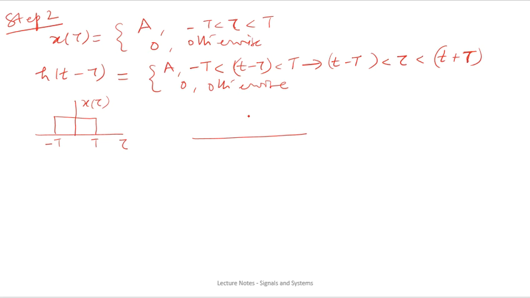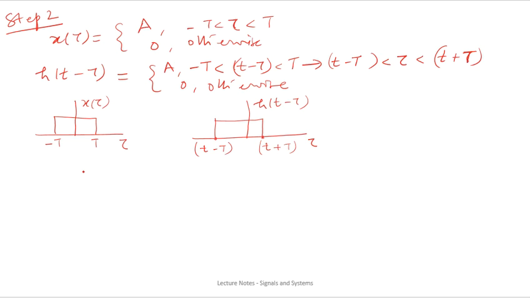The second, h(t minus tau), can be shown in this way, with end points t minus T and t plus T. Obviously you can apply your knowledge of time shifting and time reversal, which we have also discussed in the last problem. So this was the second step.